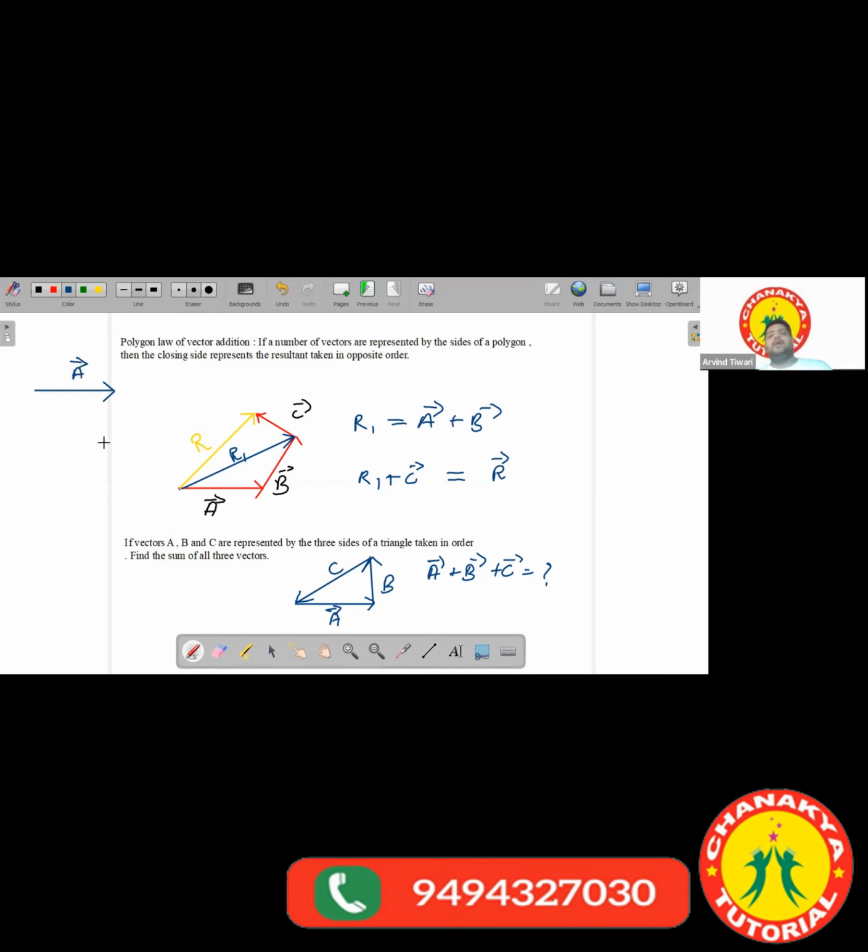So if I say minus A or negative A vector, negative A vector means the same vector A taken in opposite direction. That is, magnitude should be the same and the direction should be just opposite. So this would represent negative A.